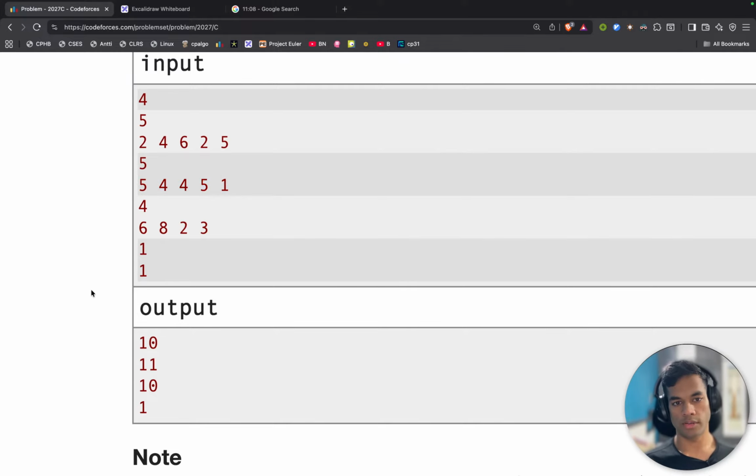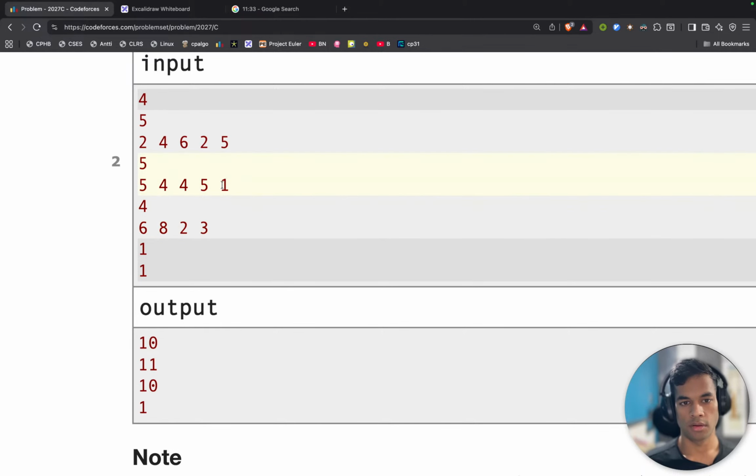Okay, so the first operation has to be from a number which is the correct amount of places from the right.